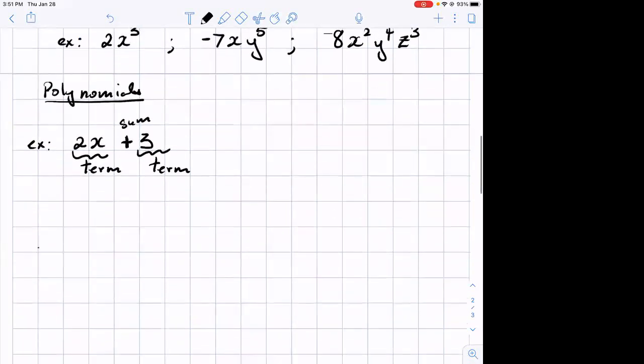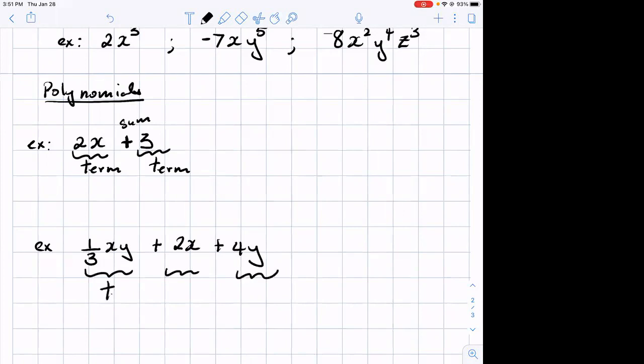Or we can have, for example, 1/3 xy, which is one term, plus 2x plus 4y. So these are all terms. Okay?